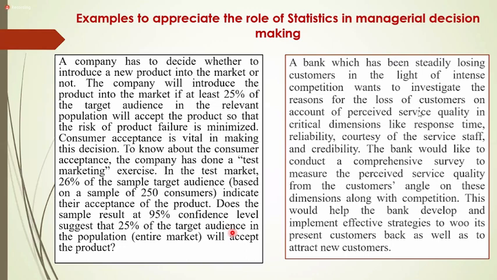Hypothesis testing, we have to apply. Without applying this hypothesis testing, we cannot decide whether we have to introduce the product or not. So here, statistics is very important to make the decision whether to introduce a new product or not based on this sample information.